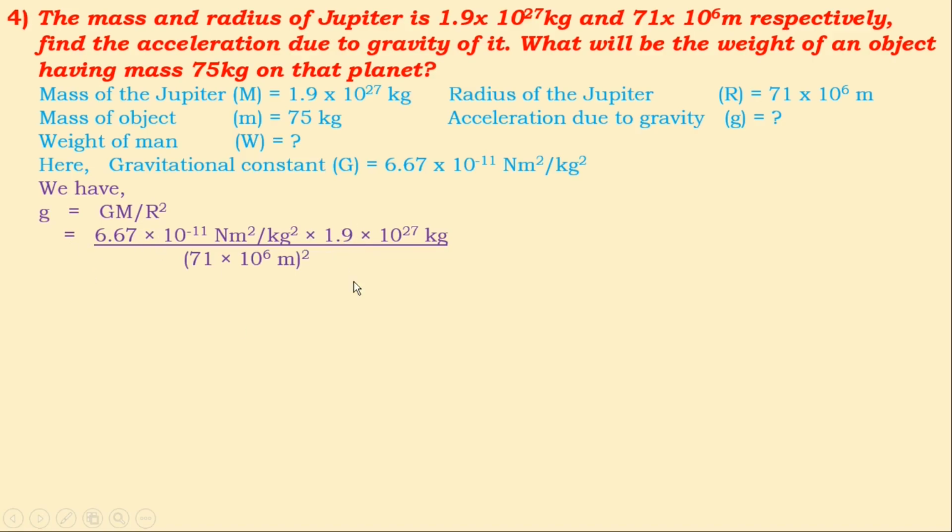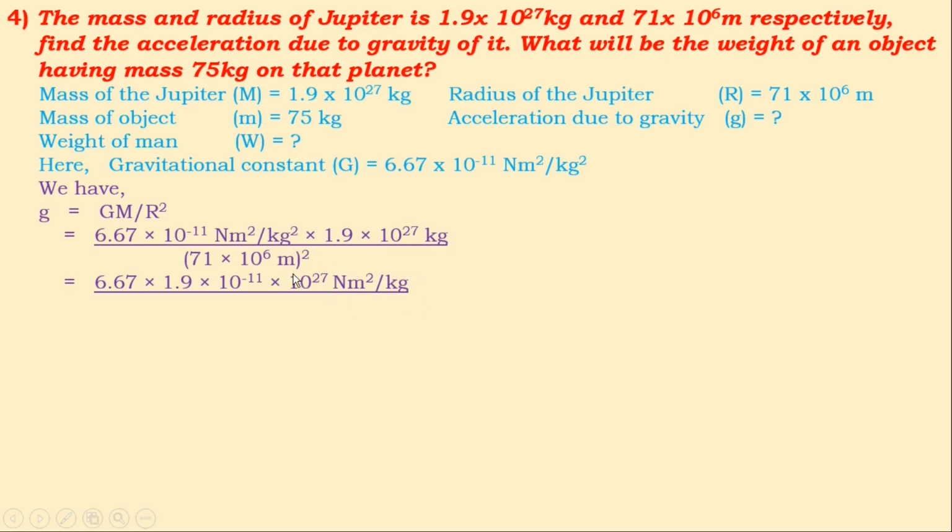I mean to say number interacts with number. 6.67 into 1.9 and the powers of 10, whatever is given, should be taken together to avoid confusion. That's why number into number and power of 10 into power of 10, and then we write the unit.